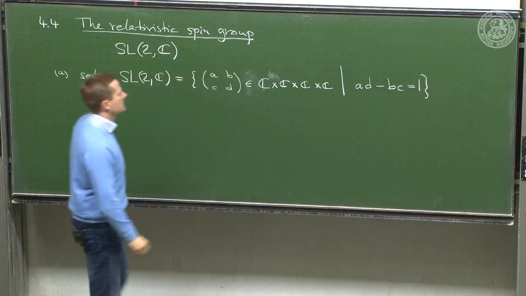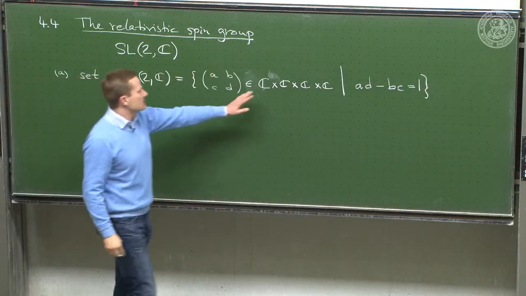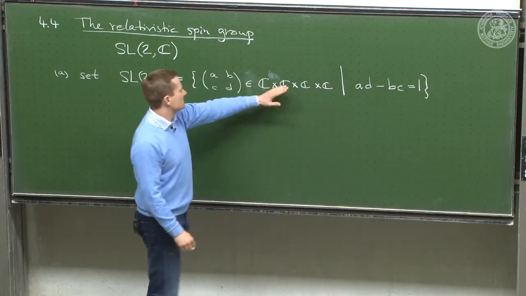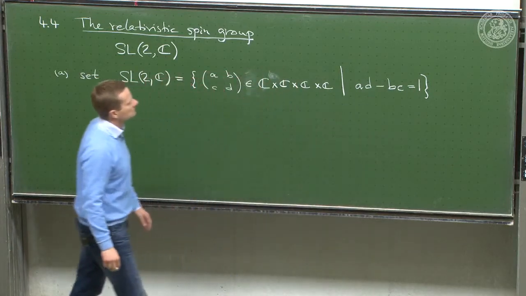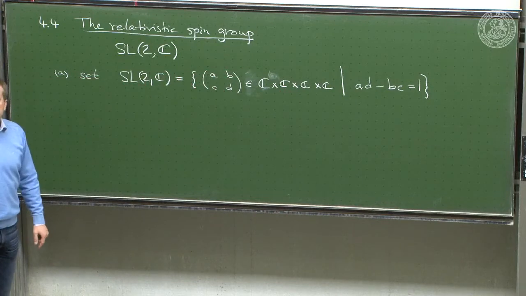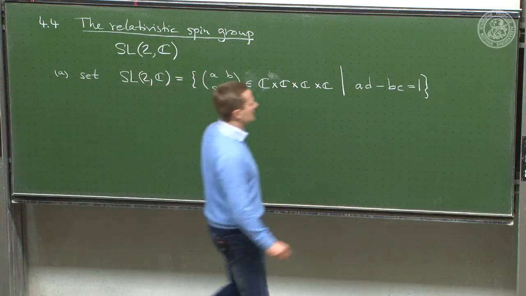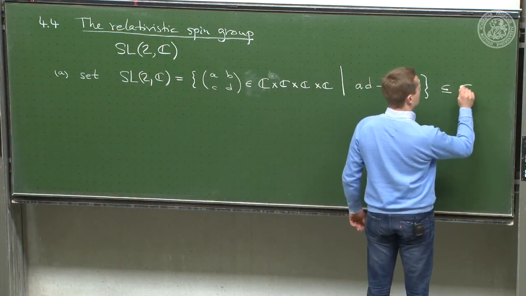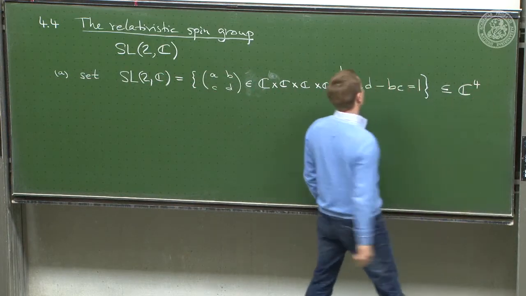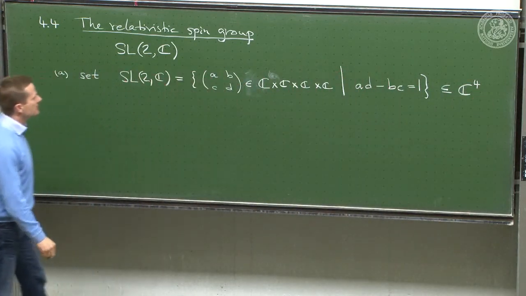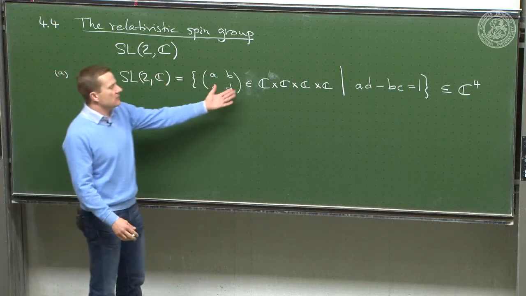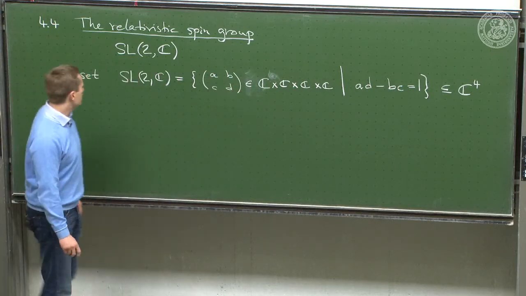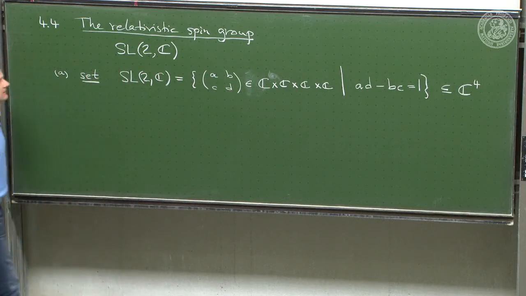That's my condition. So obviously this is a set, this is a restricted comprehension, there is a condition here. And it's a subset, obviously, of what we denote by C4, which is the short form of this. And this is SL2C as a set. These are the elements of the set. There is nothing to be said beyond that about the set.